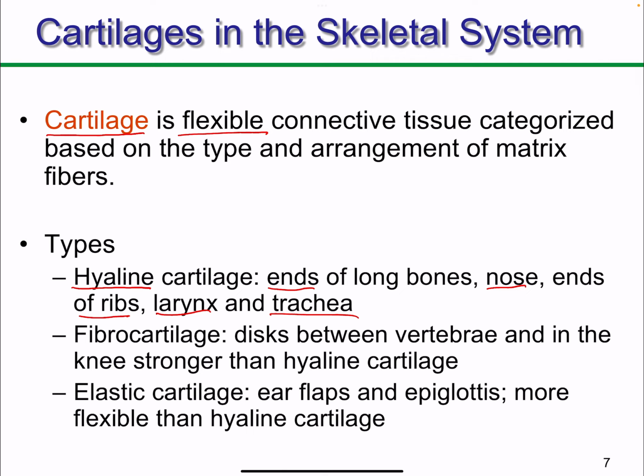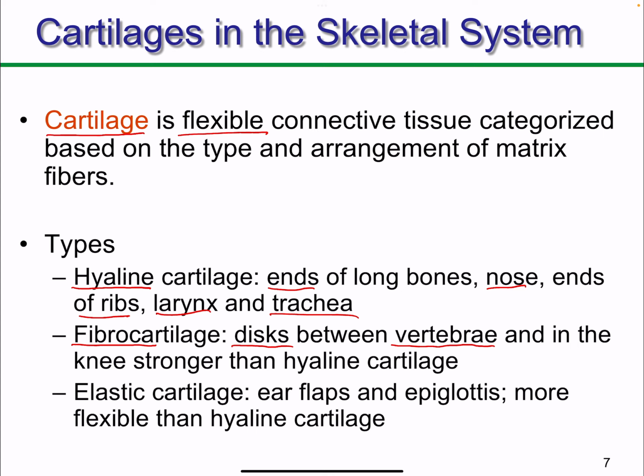Then we're going to have the fibrocartilage. The fibrocartilage is actually a type of cartilage that is found between the vertebrae, right? Forming discs in the vertebrae. So these discs between the vertebrae basically serve as a cushion, right?